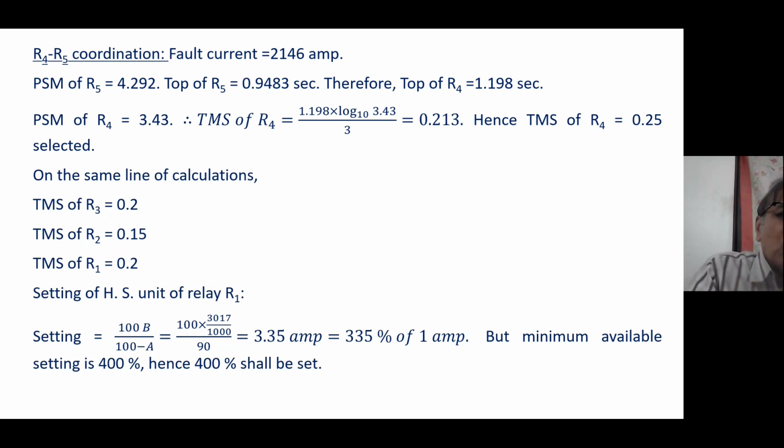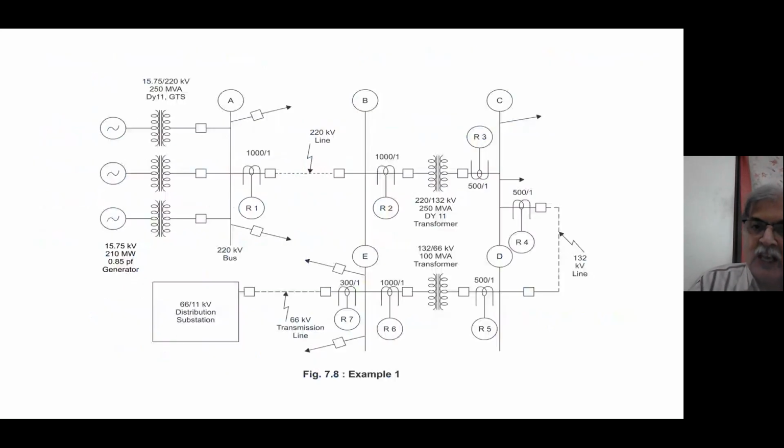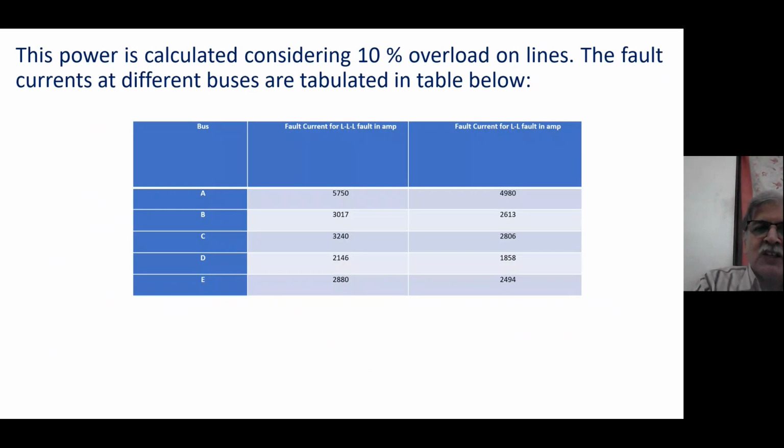So similarly, when you go to R3, you have to change the fault current, right? Because when you do R2 R3 coordination, you have to consider fault current after R3, that is bus C. Bus C means 3240. I'm sorry, not same. 3240 you have to take.